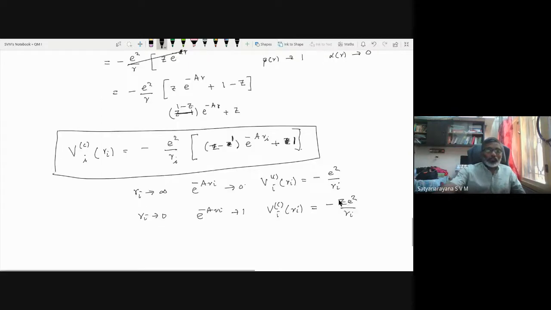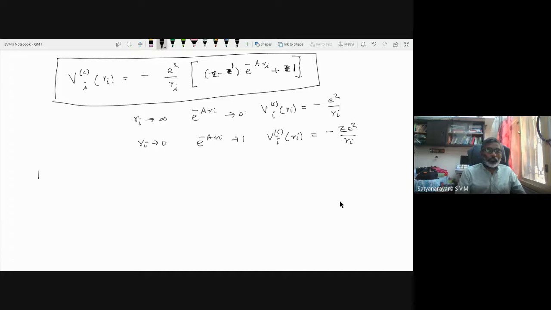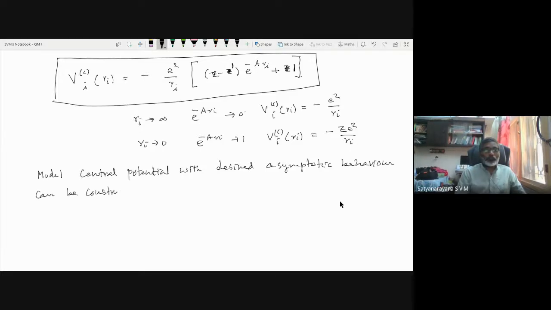So a model central potential with desired asymptotic behavior can be constructed as Vc of Ri is equal to minus e square by Ri into Z minus 1 e to the minus aRi plus 1.